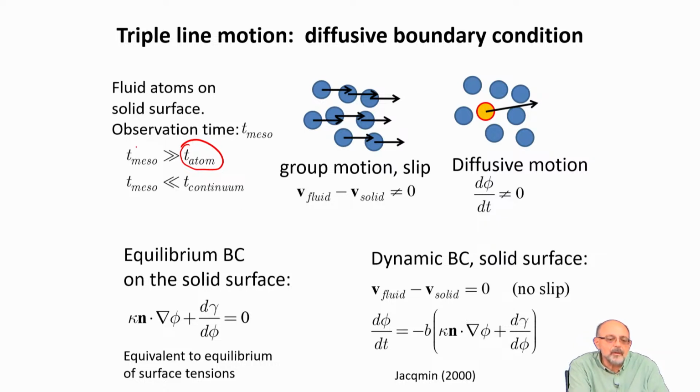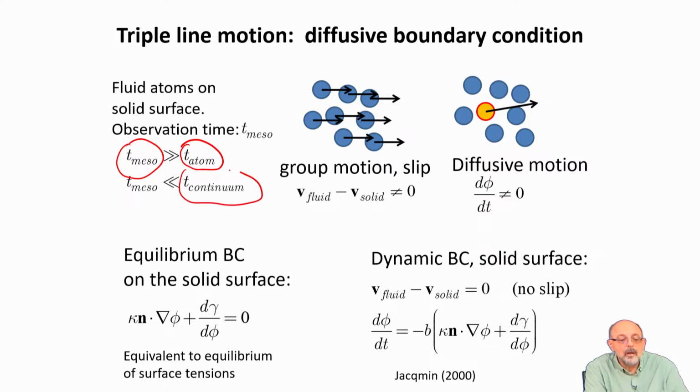Let's think of some mesoscale, which is much greater, orders of magnitude greater, nanoseconds to microseconds maybe. And the continuum time scale, which is much longer. And really, these are mesoscale models, but we are resolving on a continuum time scale.